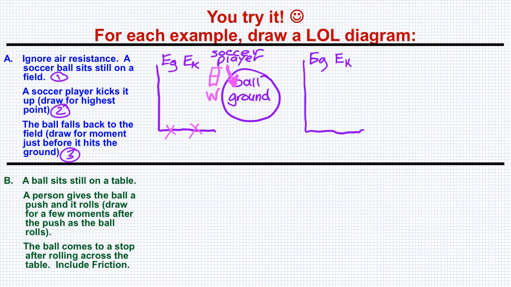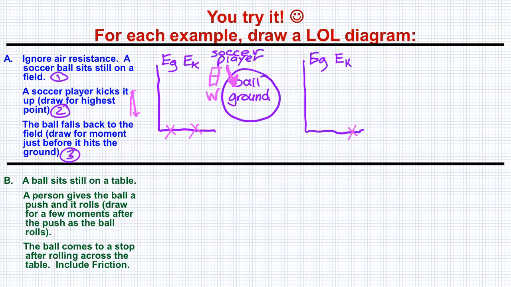And then in moment 2, the ball is at its highest point. The ball is going to go up, and then it's going to come back down. At that top moment right there, the ball is actually going to stop for a moment as it changes directions. And that's the highest point the ball is going to go. If the ball stops at that moment at the highest point, well then guess what?